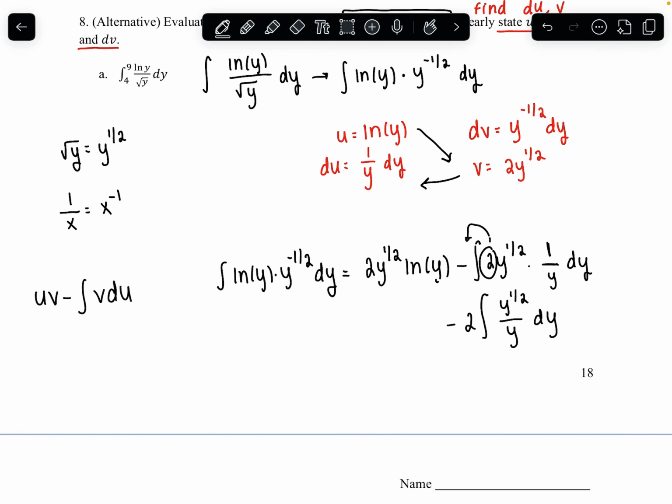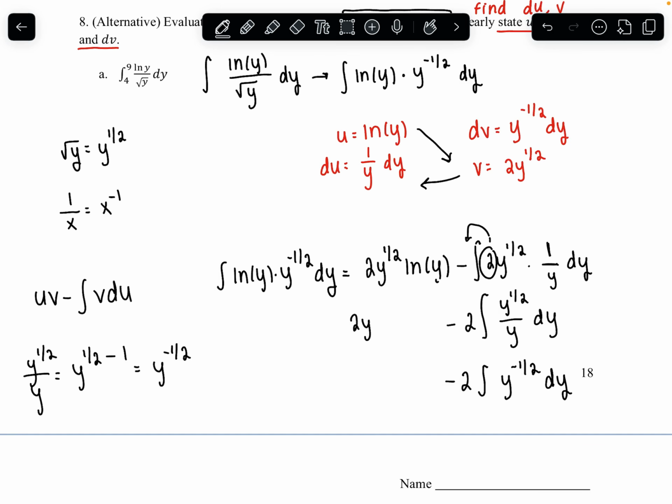Well, if I'm dividing two things like that, I'm going to subtract their exponents. So that's the same thing as y to the negative 1/2, because y to the 1/2 divided by y is y to the 1/2 minus 1, which is y to the negative 1/2. Which we now know how to do.